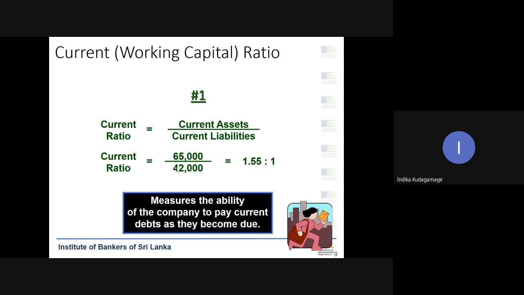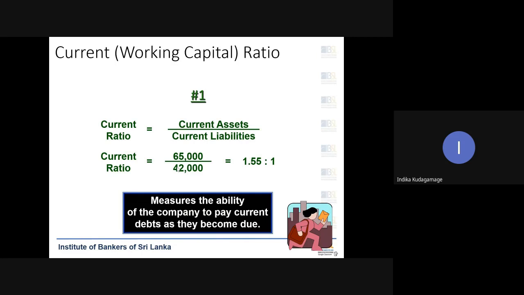When you divide, you get 1.55. So we denote the current ratio as 1 is to 1.55. If we omit the colon and the 1, if we say 1.55 times, that means each rupee of current liability is covered by 1.55, right?